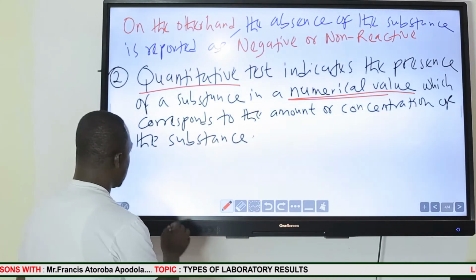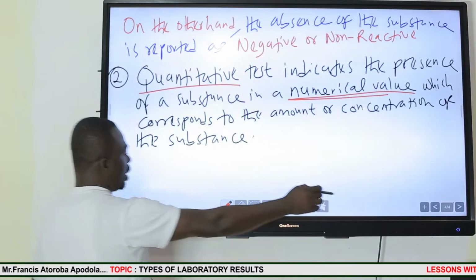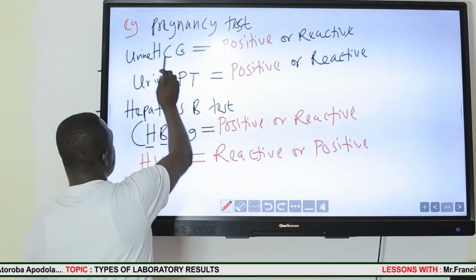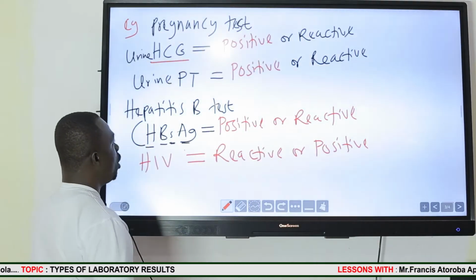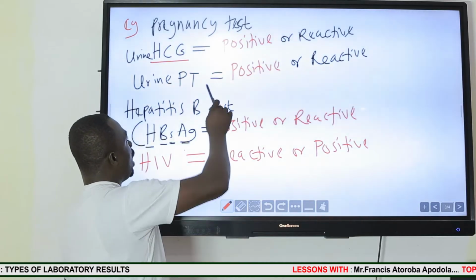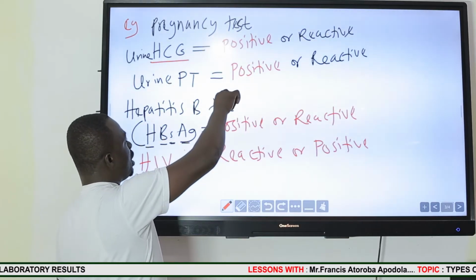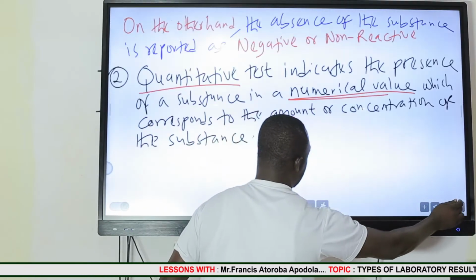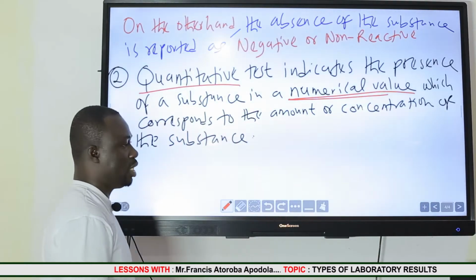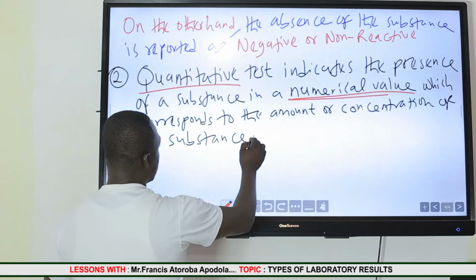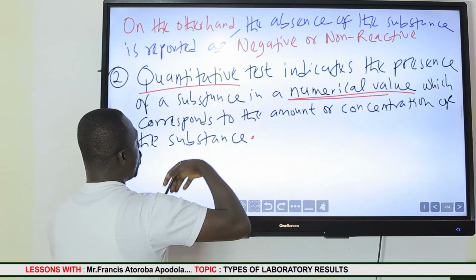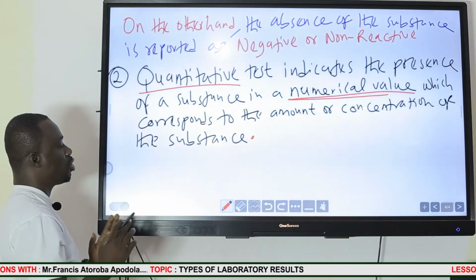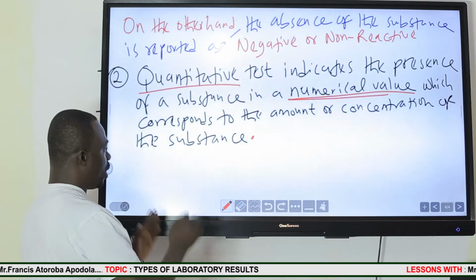Take, for instance, in testing for HCG, we only indicated the presence. That means it is positive. A positive means that the substance is actually present.